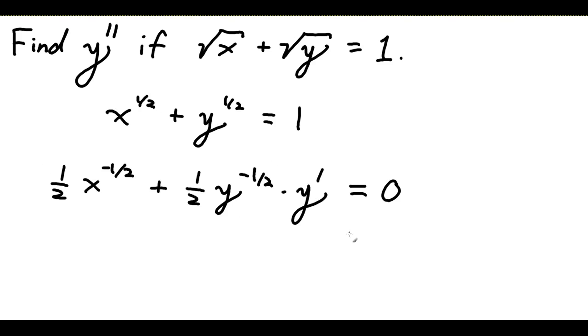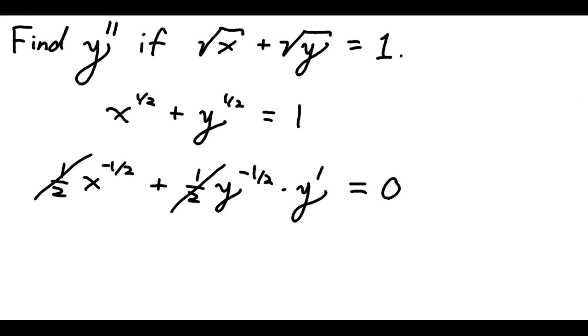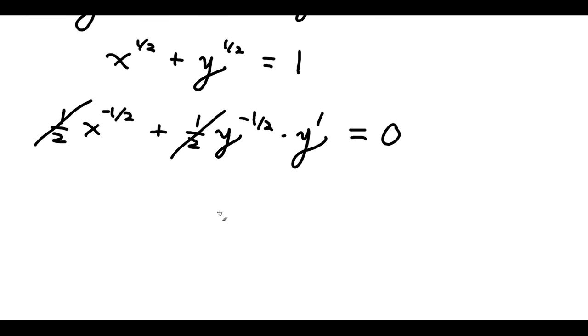Let's start clearing a few things out here to simplify this equation. Let's multiply both sides by 2, so that we'll get rid of the halves. 0 times 2 is still 0, so that's fine. And we have this one term here with y prime.